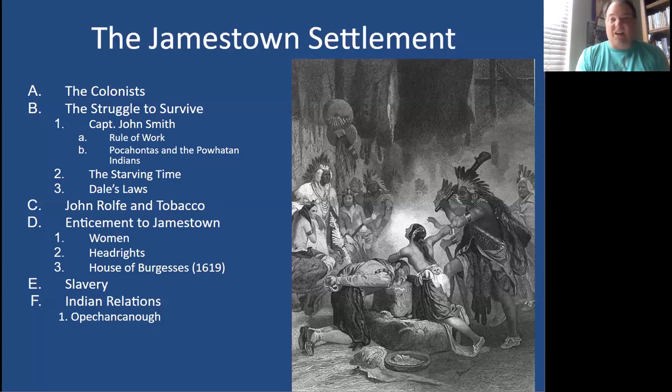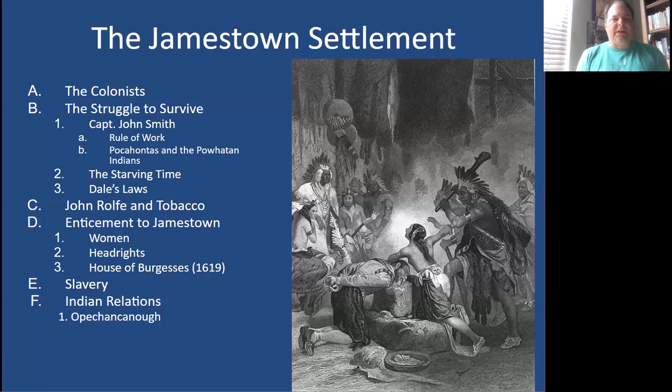Again, not exactly our notion of romance, but many women will become part of the company and be transported to the New World as potential wives of these settlers. That made the prospect of living in Jamestown a little more friendly.